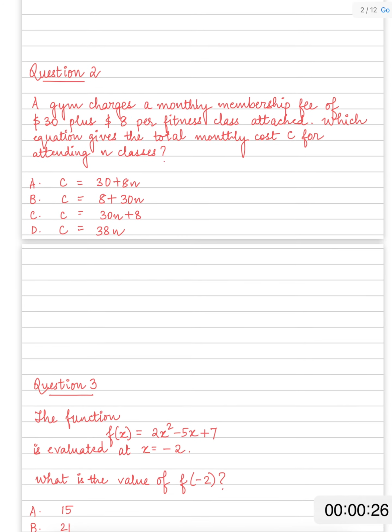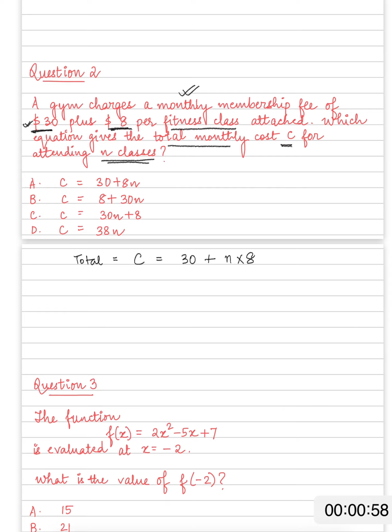For second question. A gym charges a monthly membership fee of $30 plus $8 per fitness class. Now which gives the total monthly cost C for attending N classes? So total will be C, and that is first 30 because the total month it is $30, so it is 30 plus there are N classes, so N into 8, right?